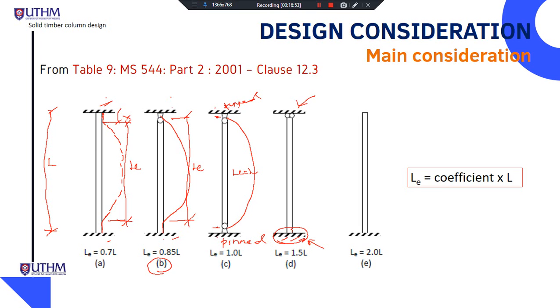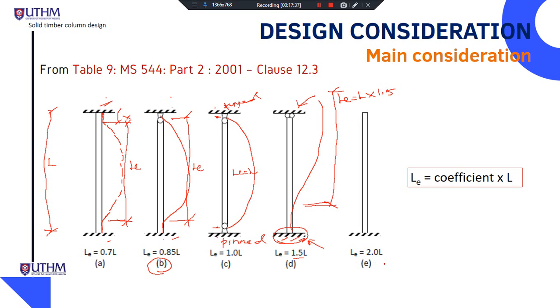The L effective extends to a certain length, and this length is L multiplied with 1.5, because at this end it is not restrained in position. So the L effective is the actual length multiplied with 1.5.